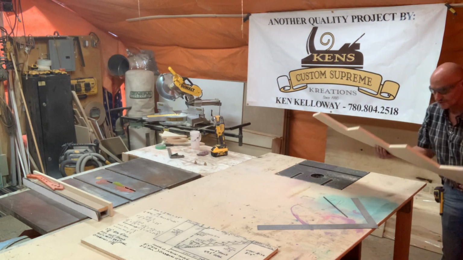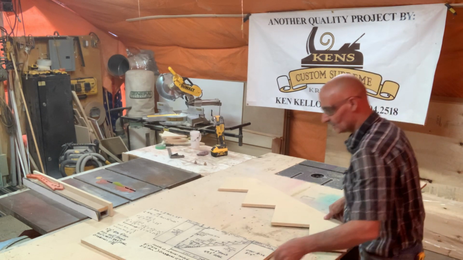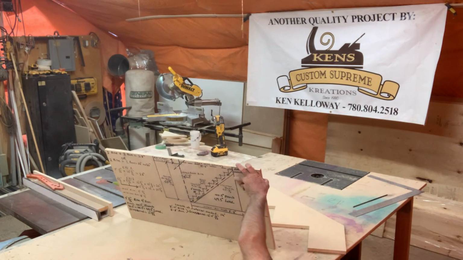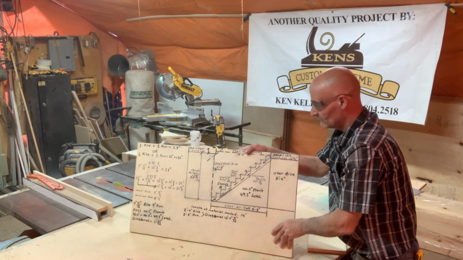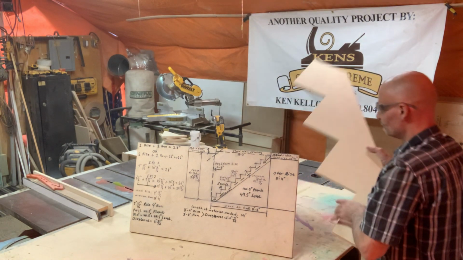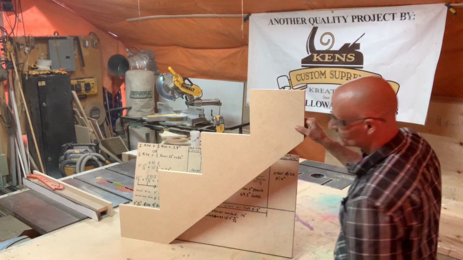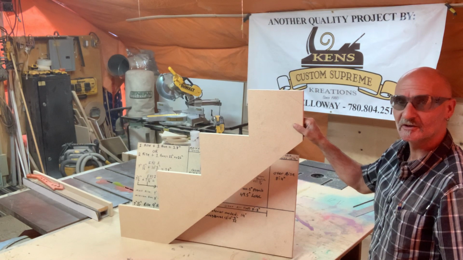I know I'm repeating myself, but this is only on a small scale. But if you were to look at that and then look at this, that's basically the way your stairs will be. So that's how you cut out a set of stairs.